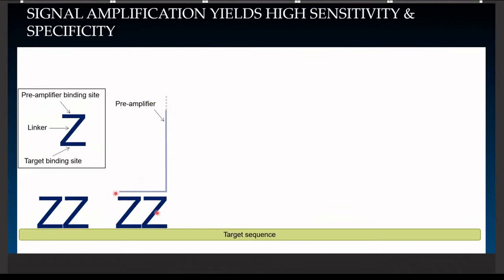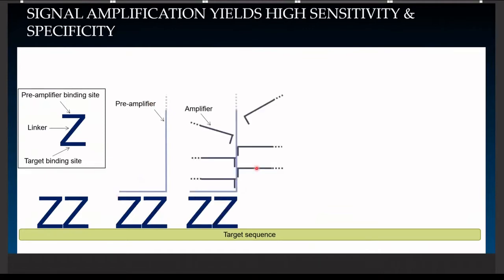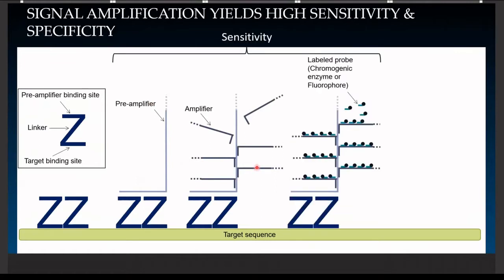Once the preamplifier is bound, we have the amplifiers that bind onto the preamplifier. Then we have the labeled chromogenic or fluorescent probes that bind onto the tree, giving you high degree of sensitivity. So because of this strategy, we can detect targets that are really low expressing as well.